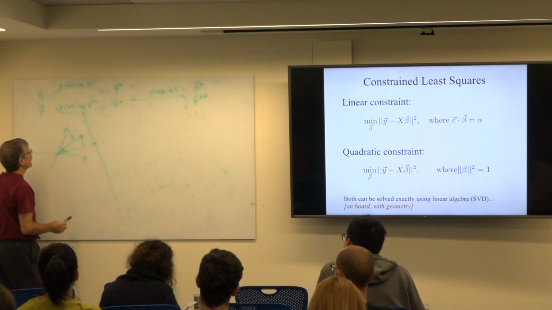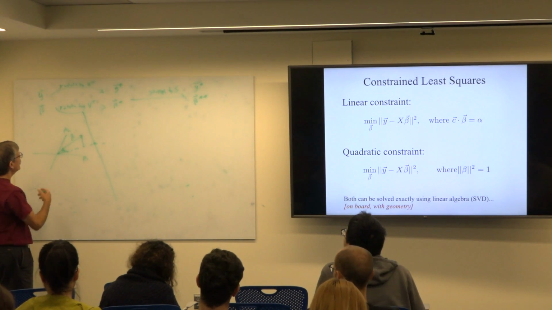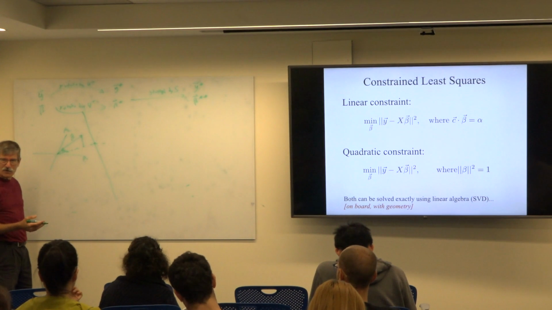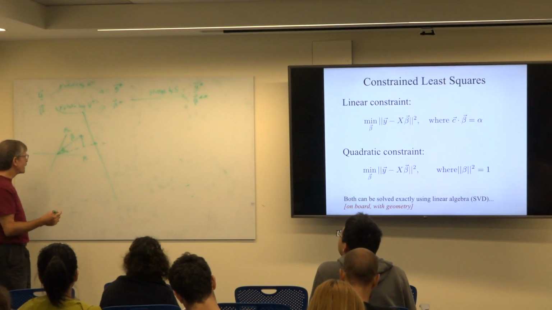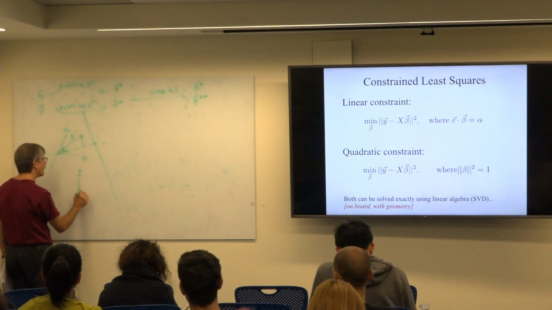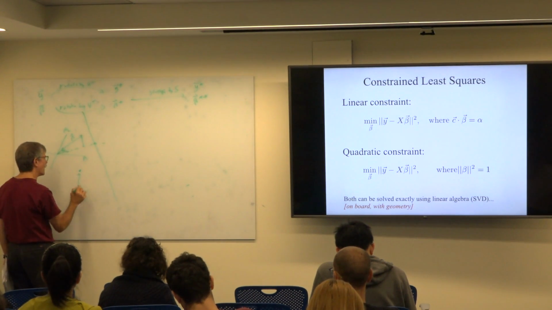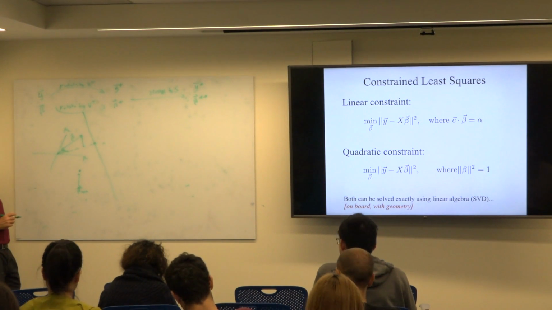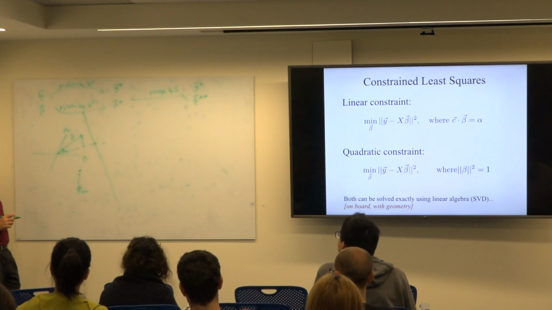Now, somewhere in this diagram is beta opt from linear least squares regression that we already know how to solve. Suppose it's here. Suppose that's beta opt, unconstrained. Right? Now, what do we know about how much the error goes up?